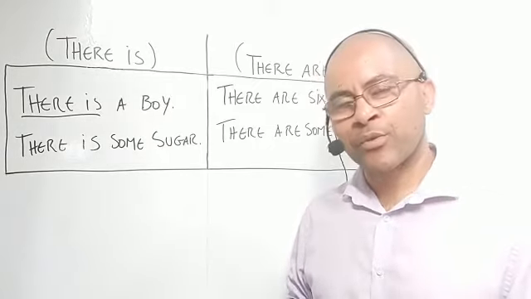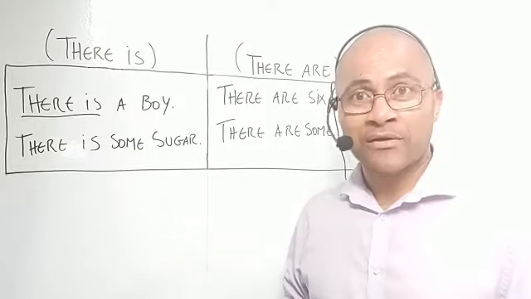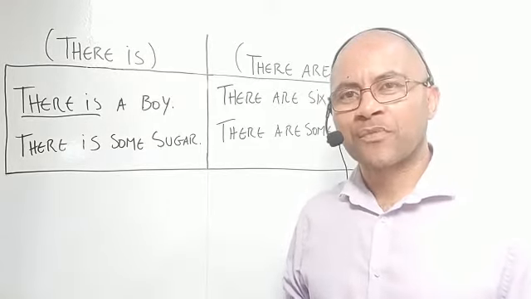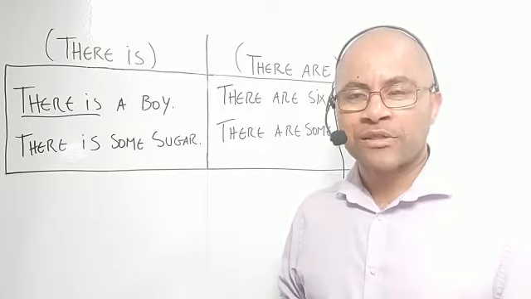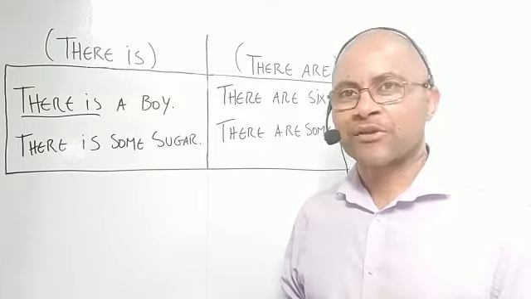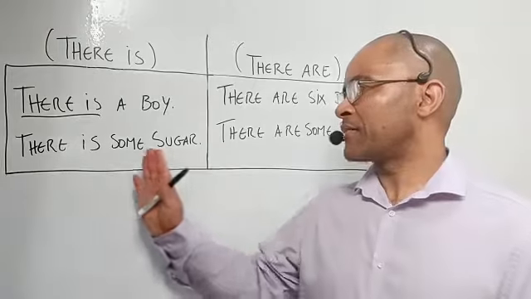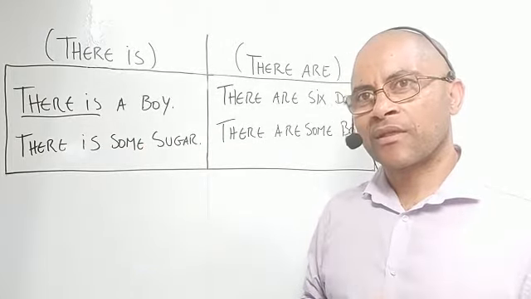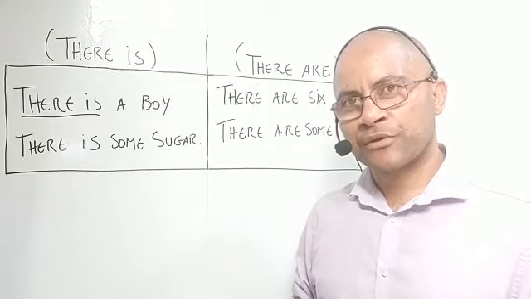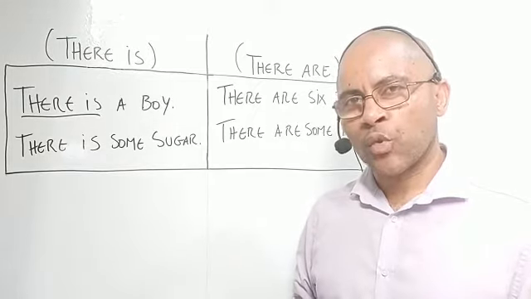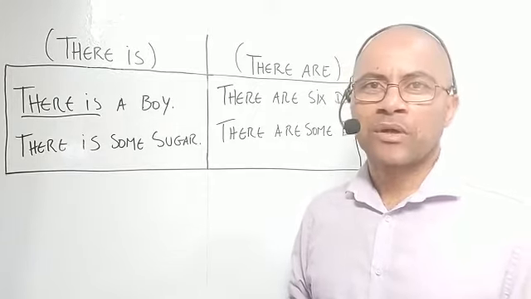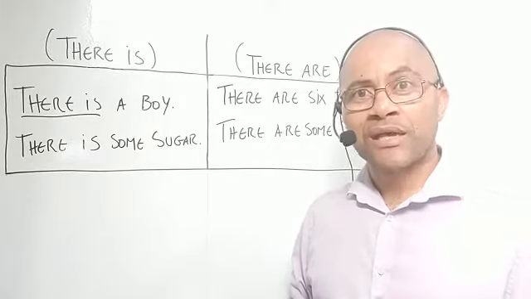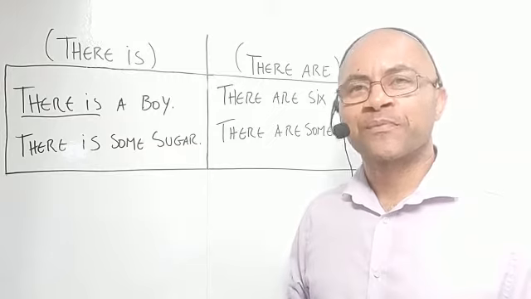For example, the word sugar you cannot count. Salt you cannot count. Milk you cannot count, etc. Then we have here, there is some sugar. There is some sugar. We need some in the affirmative when we use an uncountable noun.